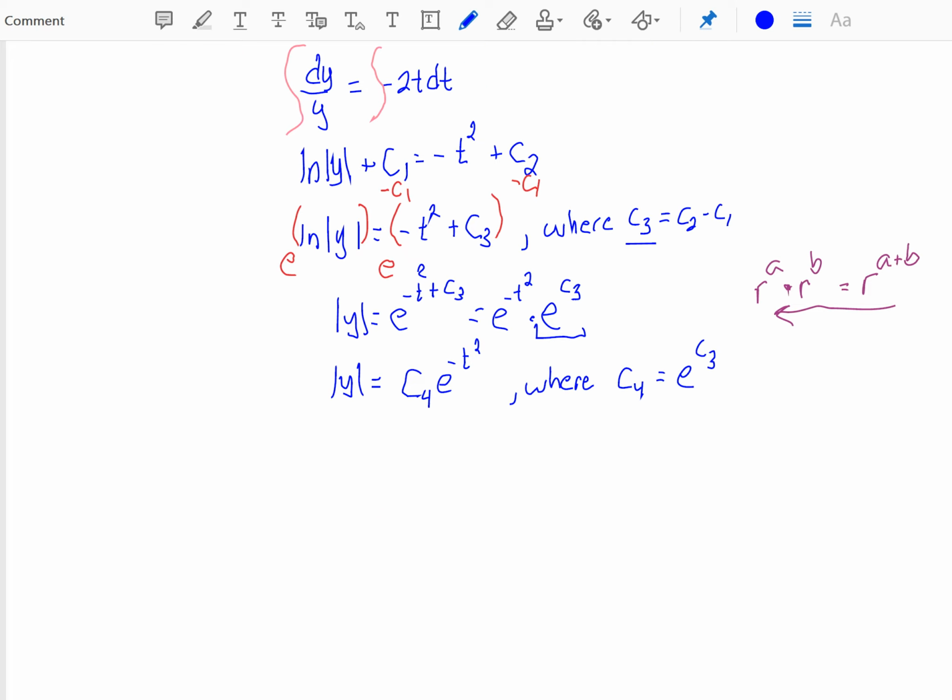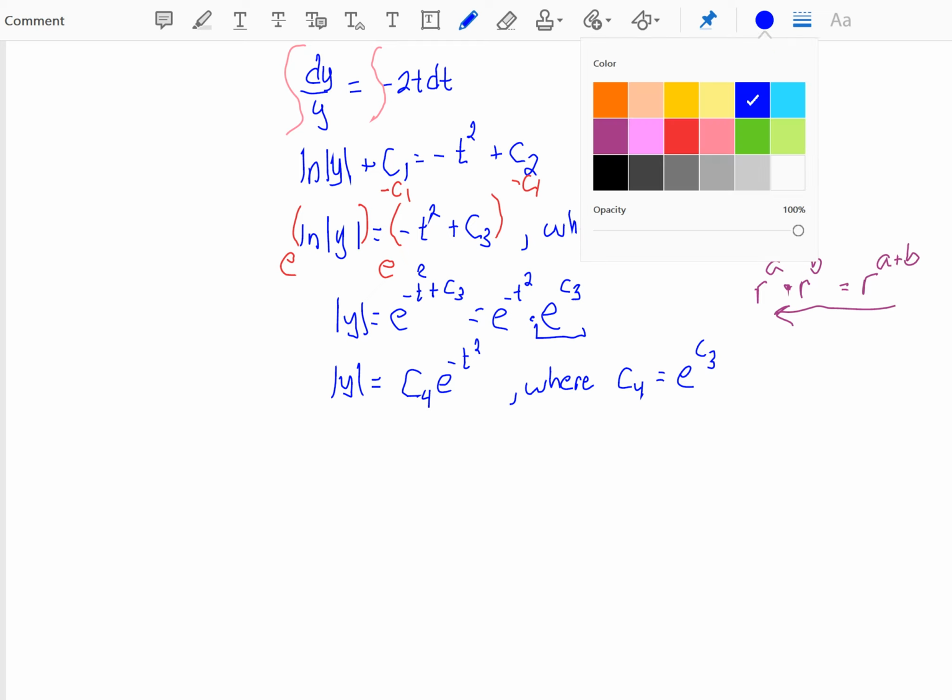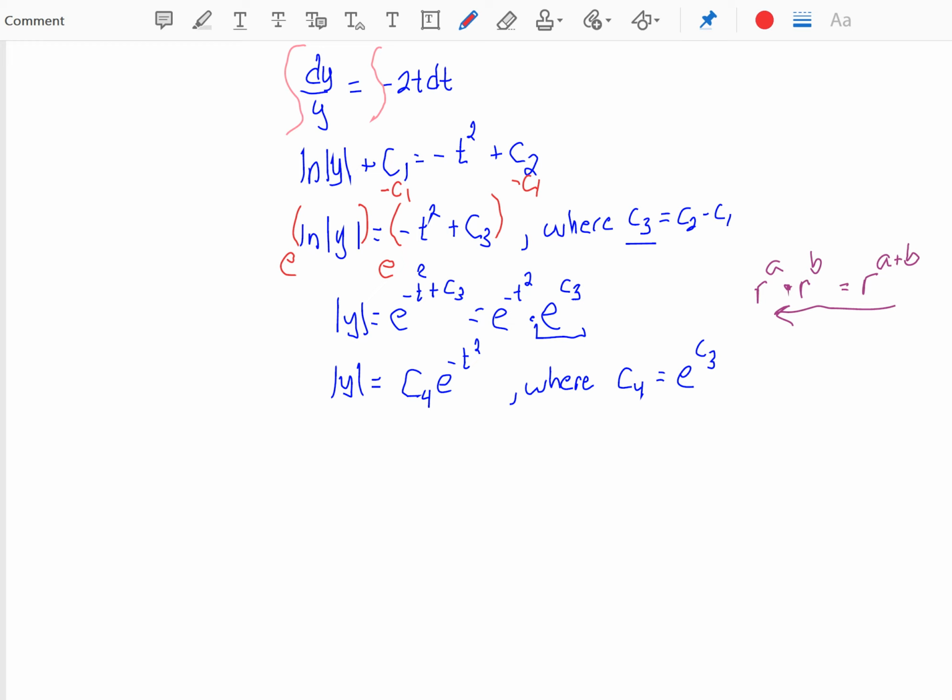I now want to be able to argue why I can get rid of this absolute value sign. And my argument is very important that we do follow this. When we look at this argument for the absolute value of y, there are two cases that we should consider.